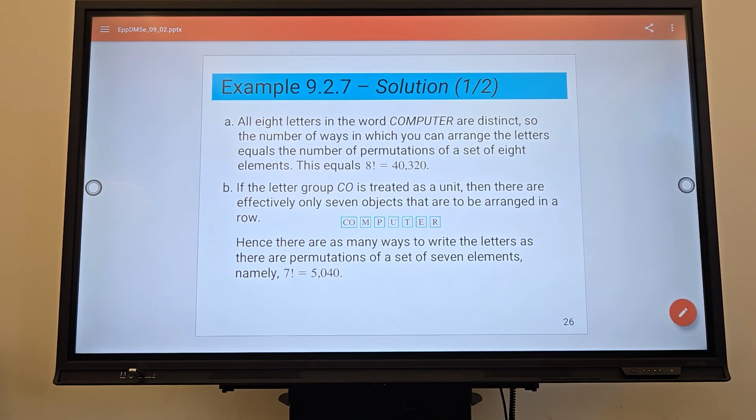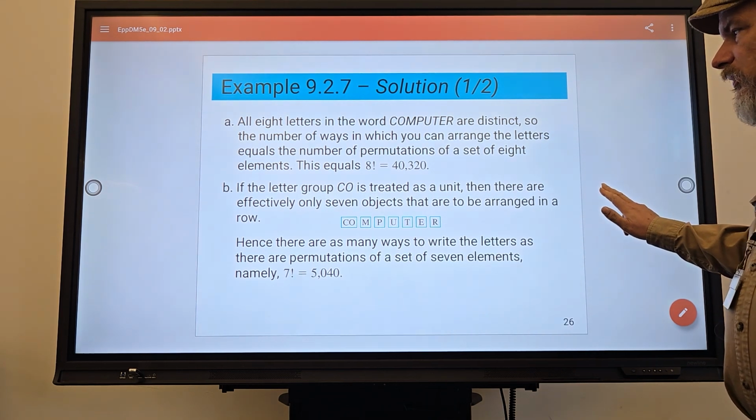If the letter group CO is treated as a unit, then there are effectively only 7 objects to be arranged in a row. Hence, there are 7 factorial permutations, or a little over 5,000 permutations if CO is kept together as a unit.